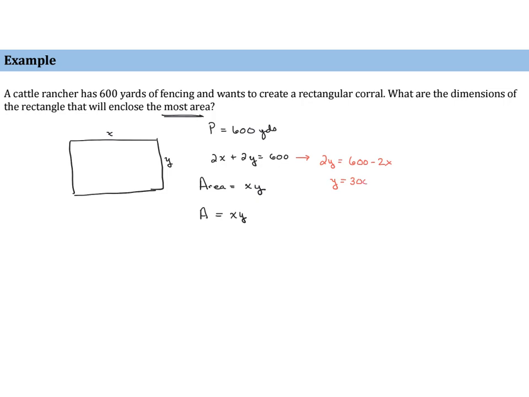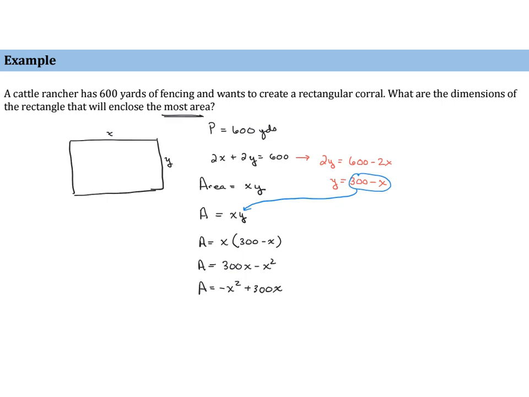So y equals 300 minus x. And we can take that information about y and substitute it into our formula for our area. So our area equals x times 300 minus x. So A will equal 300x minus x squared. So A equals negative x squared plus 300x.